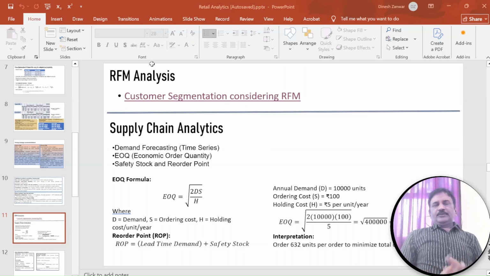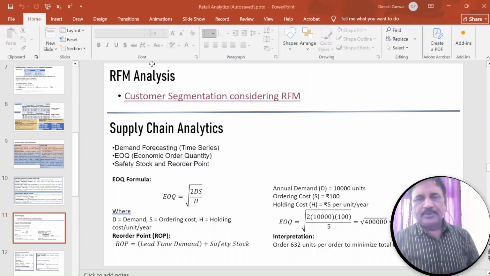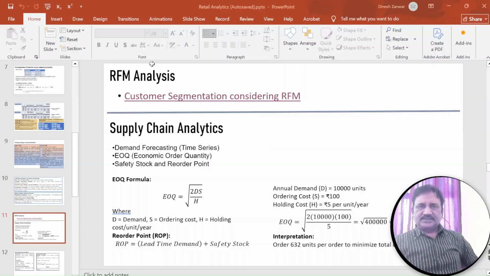So the whole purpose of RFM analysis is to find out the customers in terms of the indices. You can find out recency of their purchase. You can find out frequency. You can segment the customers with their frequency of purchase.